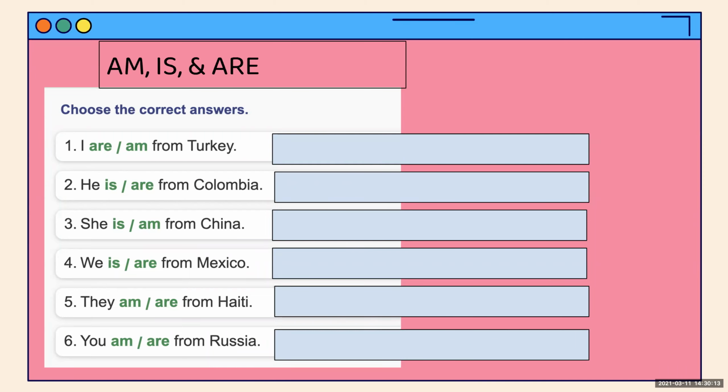Number 2, he is/are from Colombia. 3, she is/am from China. 4, we is/are from Mexico. 5, they am/are from Haiti. 6, you am/are from Russia. Like I said before, you want to pause, make sure that you write them, and then once you're ready, you can continue.